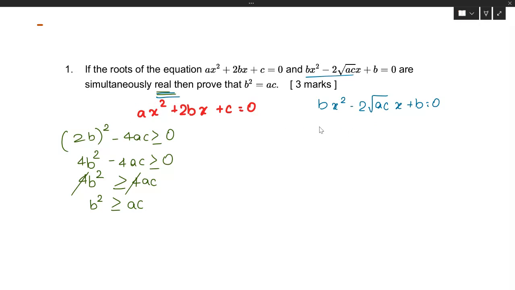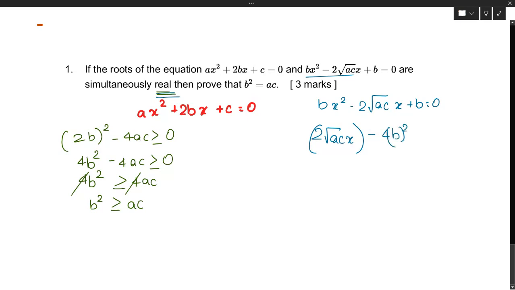Then we will take it as 2 root ac the whole square minus 4b square, which is greater than and equal to 0.